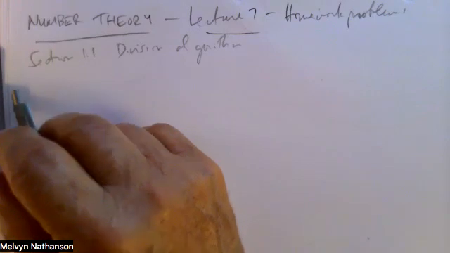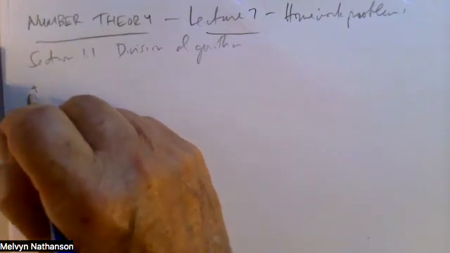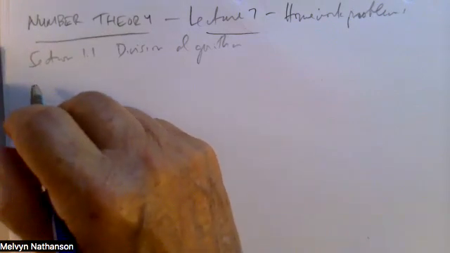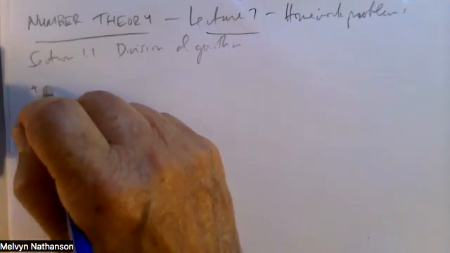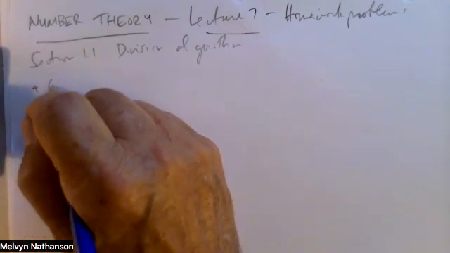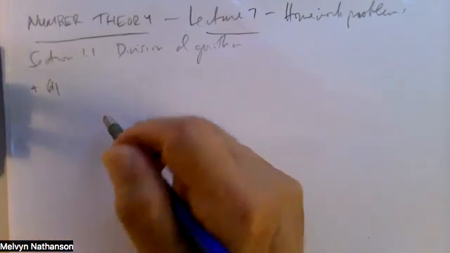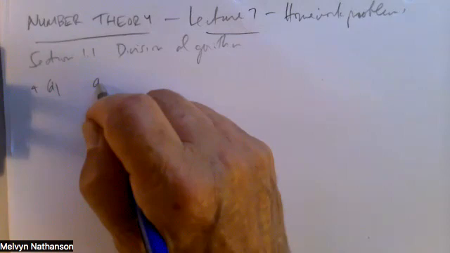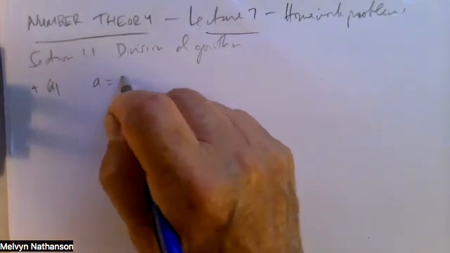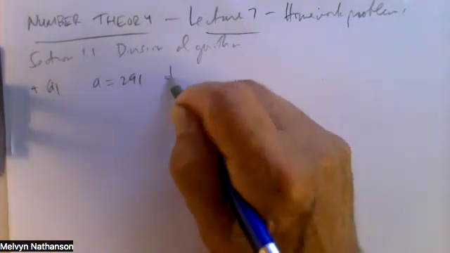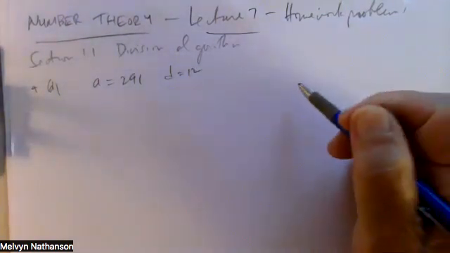So for example, in problem 4, well, let's say 4D, this is just long division. Find the quotient and the remainder when you take the number A equal to 291 and D equal to 12, and you divide.